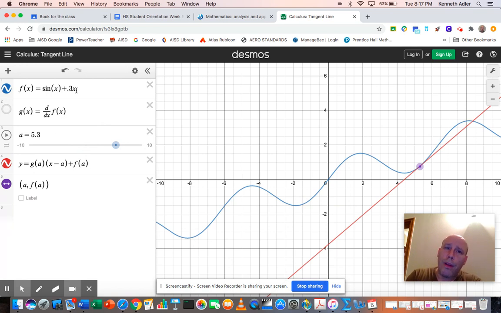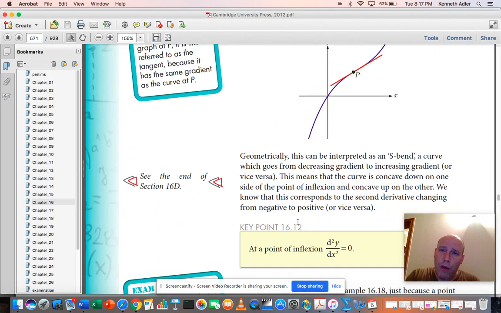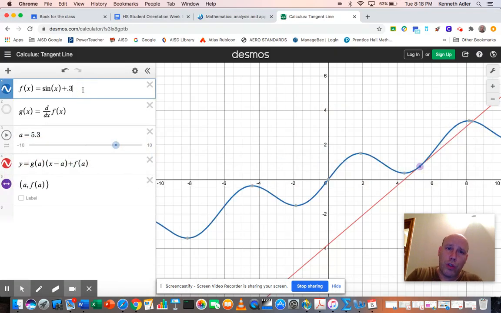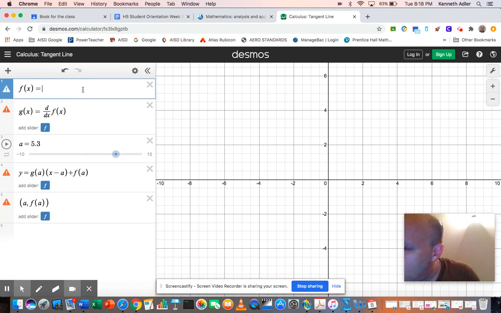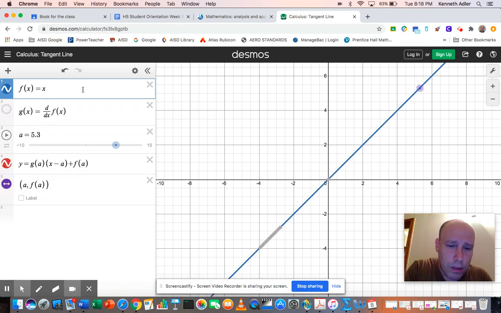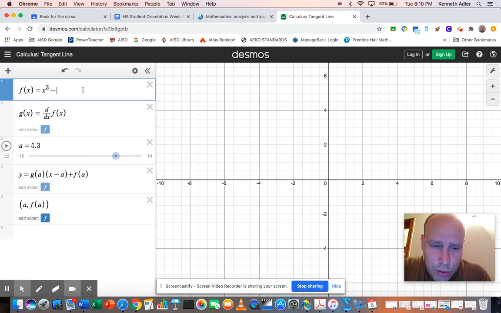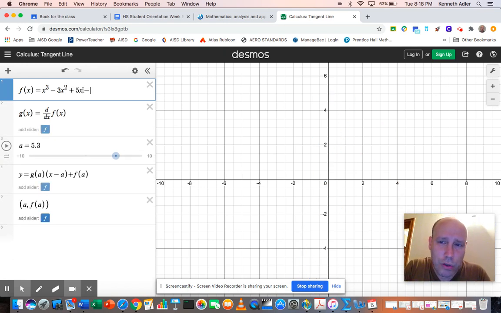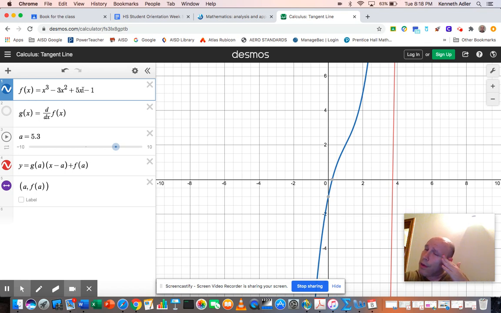If we go to the book, they have this interesting example right here: y equals x cubed minus 3x squared plus 5x minus 1. I'm going to switch the first example and put that in. So we have x cubed minus 3x squared plus 5x minus 1.